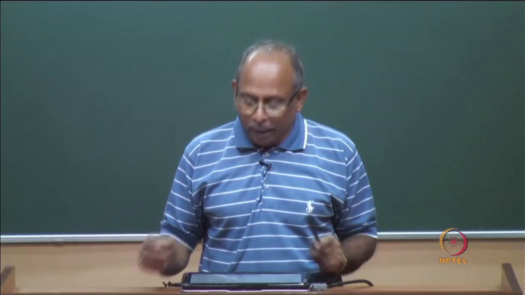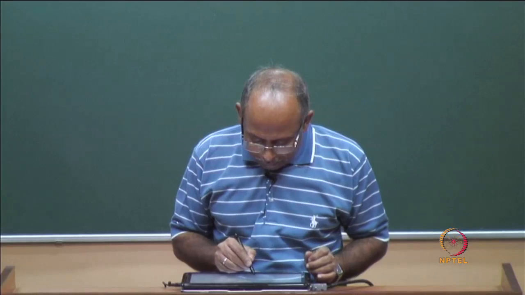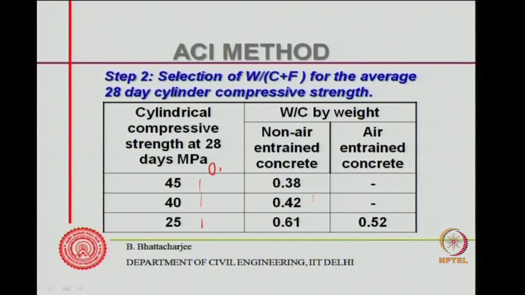So, cylinder strength is about 0.8 times cube strength, FCU. So, FCY, cylinder strength, equals 0.8 FCU. In other words, the cube strength is higher than the cylinder strength.